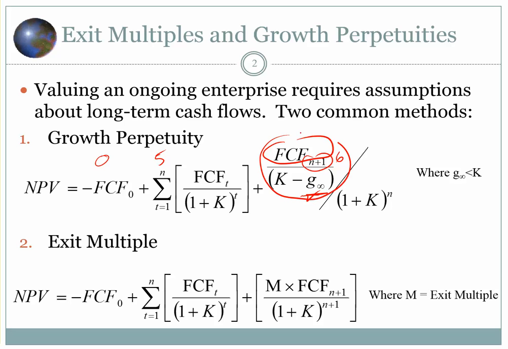So this is a present value growth perpetuity. If I take a cash flow over K minus G, it gives me the present value of a cash flow infinite series starting at this period and going on forever. This formula always gives you the value of those cash flows the period before. So if this were free cash flows in year 1, it will give me the present value at year 0.